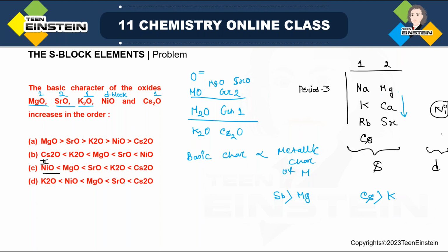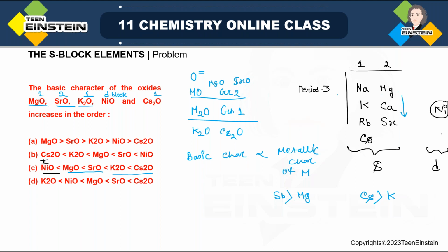Now see, Cs before K2O, that you can find here, right? And Mg lesser than Sr, that you can find here. So keeping all these points together, it seems as if option 2 should be right.